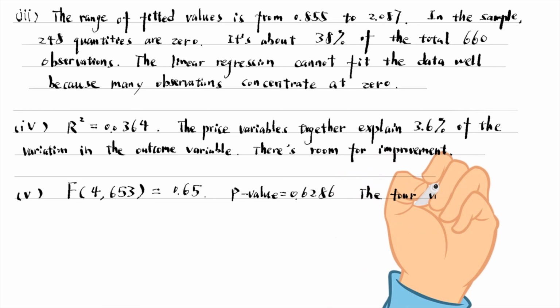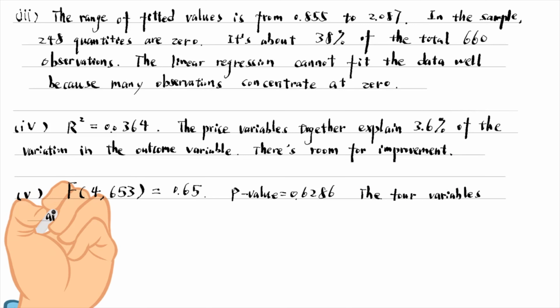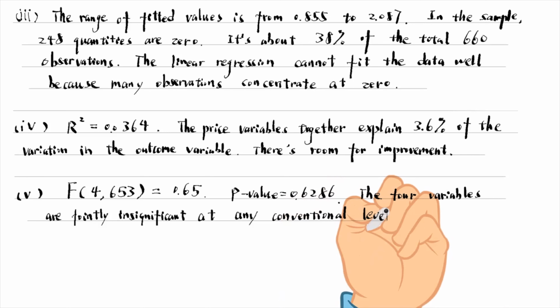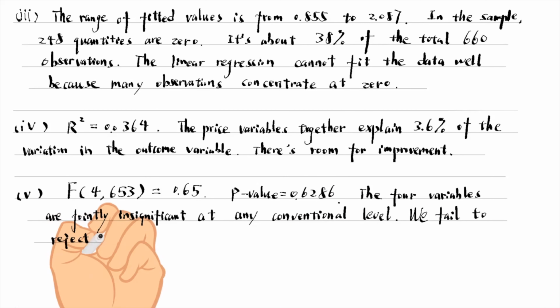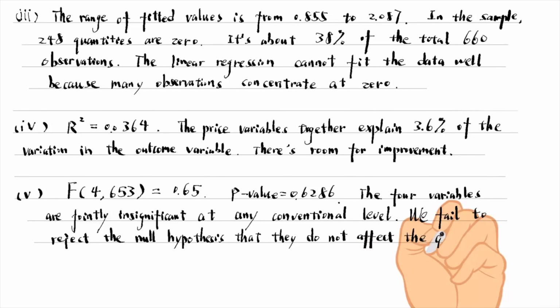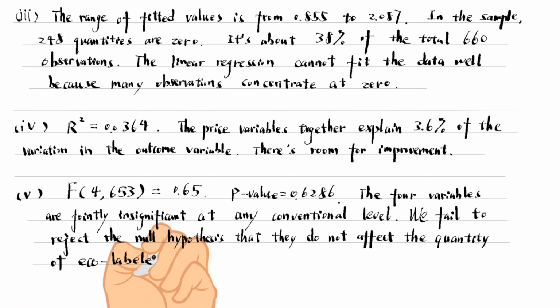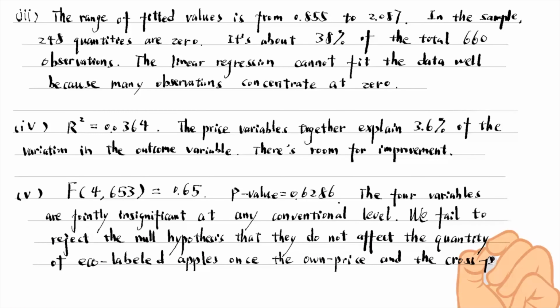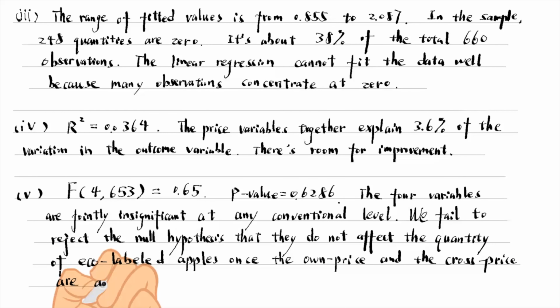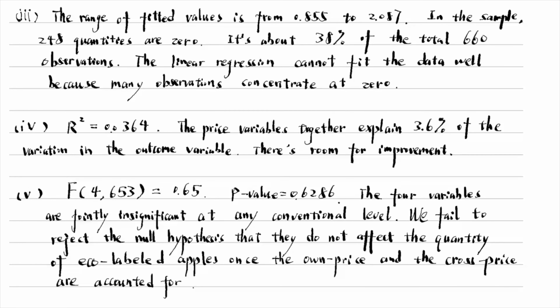The p-value is 0.6286. The 4 variables are jointly insignificant at any conventional level. We fail to reject the null hypothesis that they do not affect the quantity of eco-labeled apples once the own price and the cross price are accounted for.